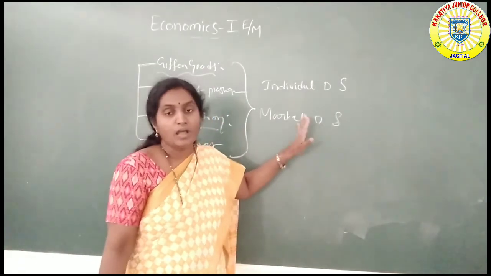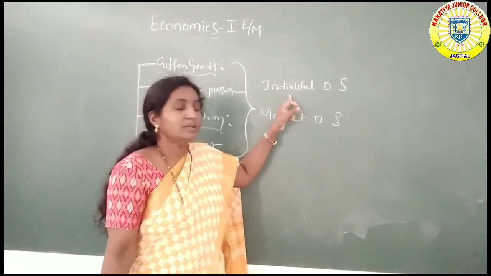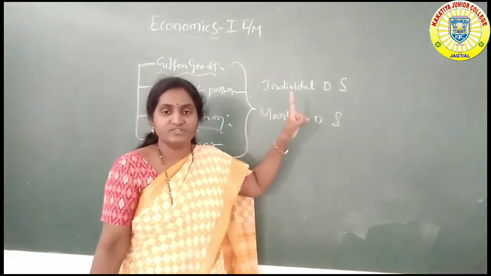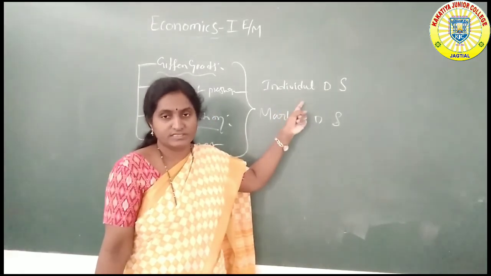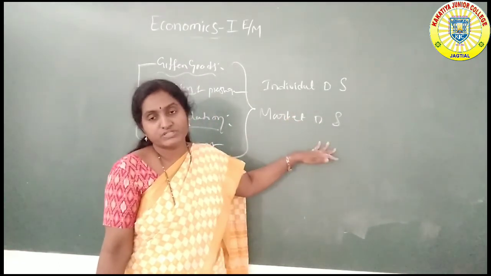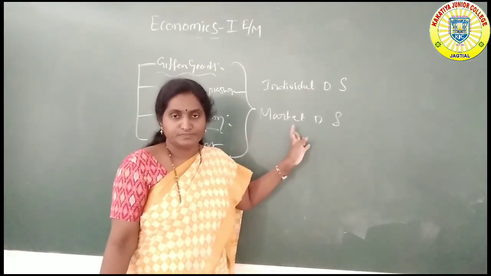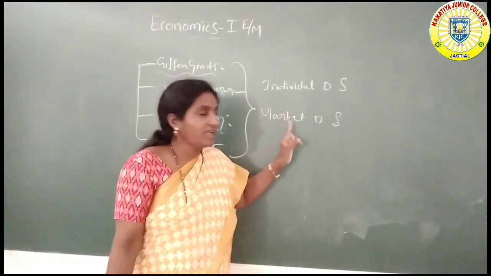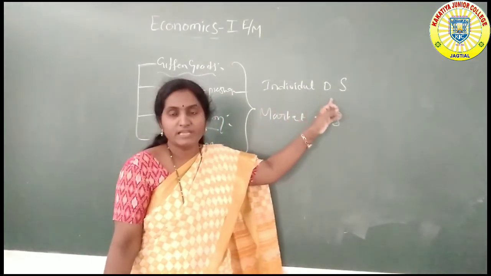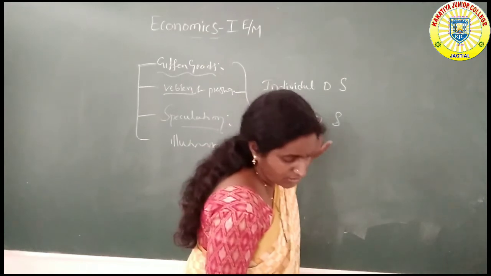The individual demand schedule shows only a single consumer, but the market demand schedule shows the demand of different consumers for different goods and services. So this is the difference between the individual demand schedule and the market demand schedule.